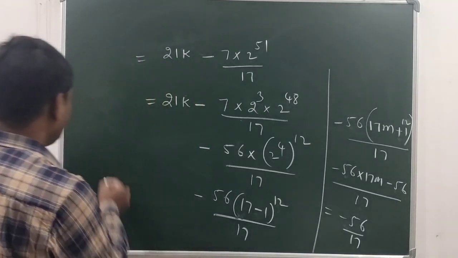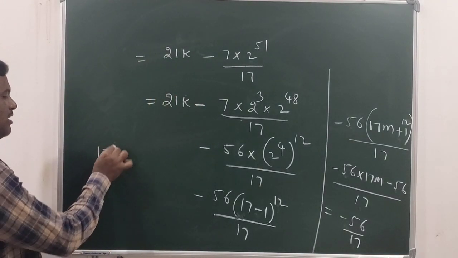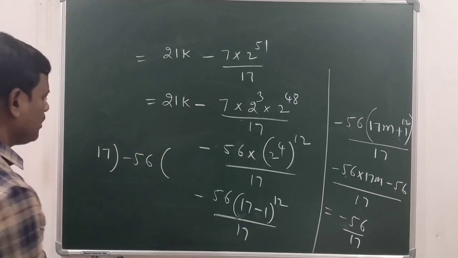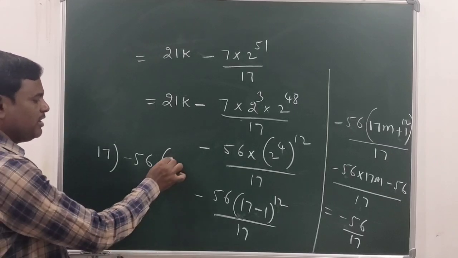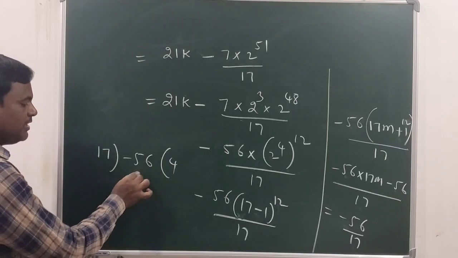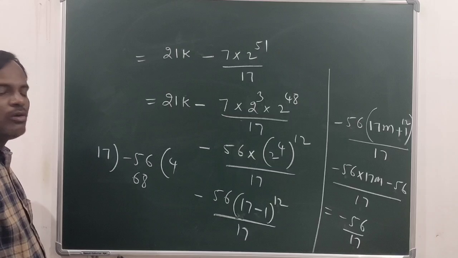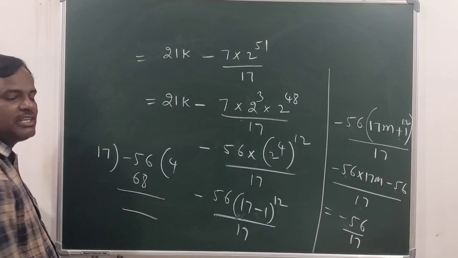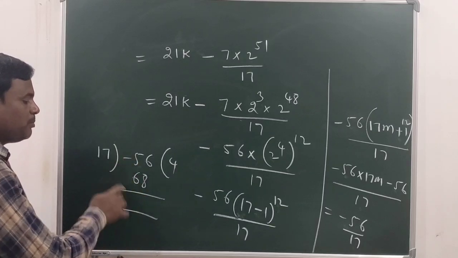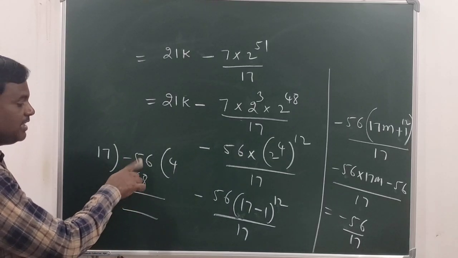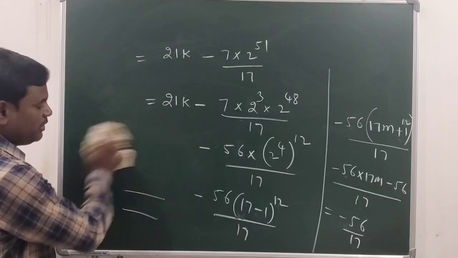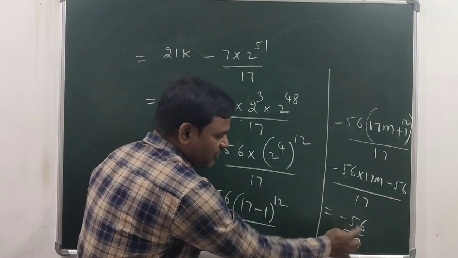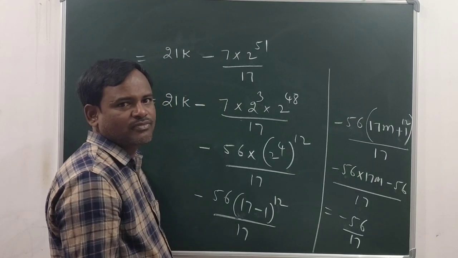See here 17, minus 56. So here what you have to do? 17 4s are 68. Okay. So this gap is how much? 68. Subtract this. Take the difference of these two. So here you will get minus 56 by 17 is there.